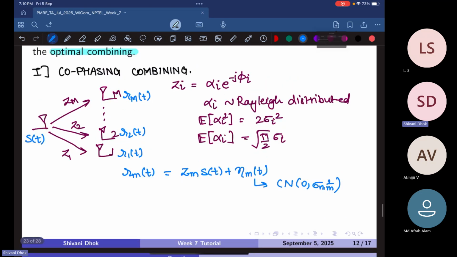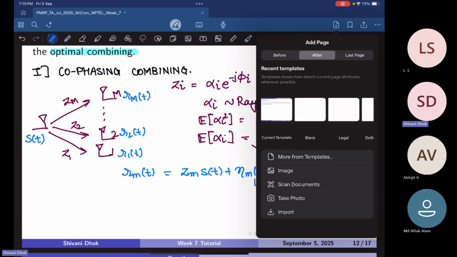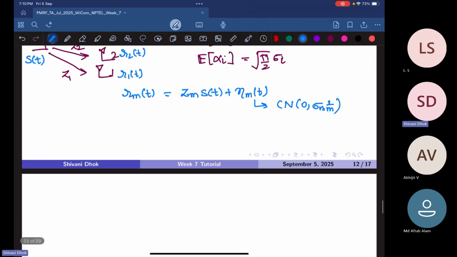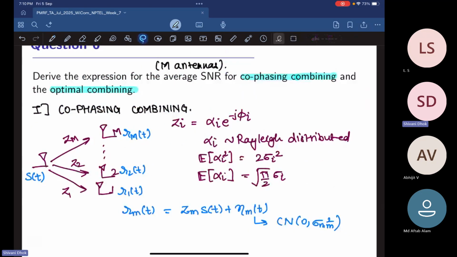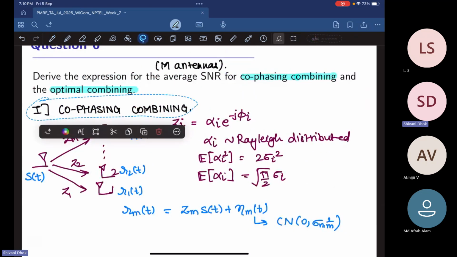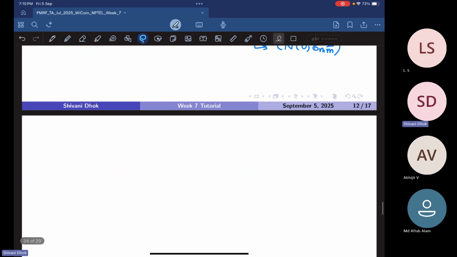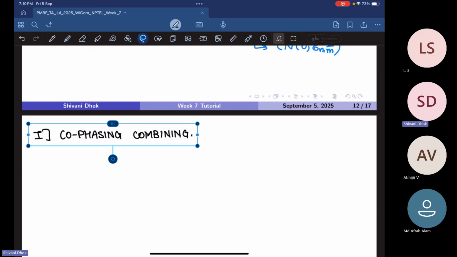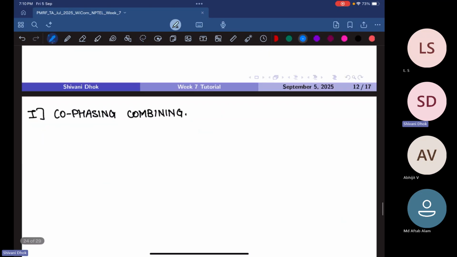And when we want to do co-phasing, this is a general setup that we will be considering. Let us do co-phasing now. So for co-phasing, what do we do?